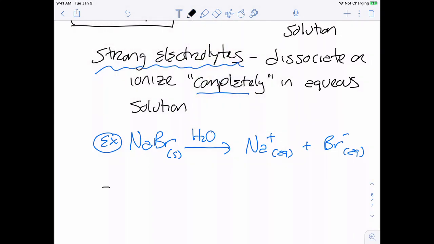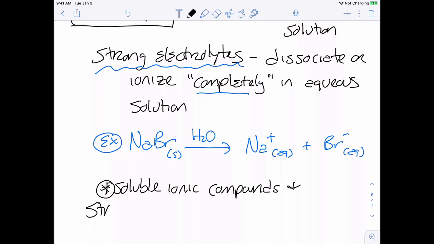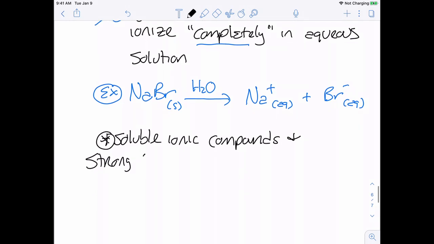Soluble ionic compounds and strong acids are strong electrolytes.